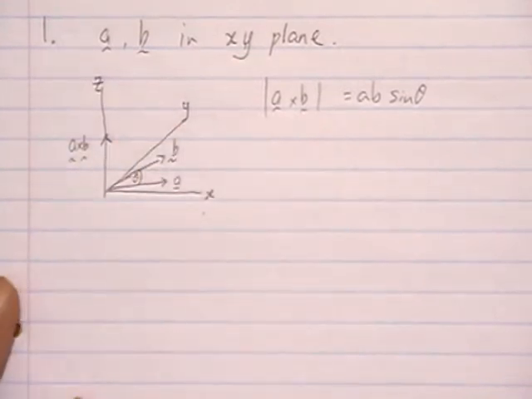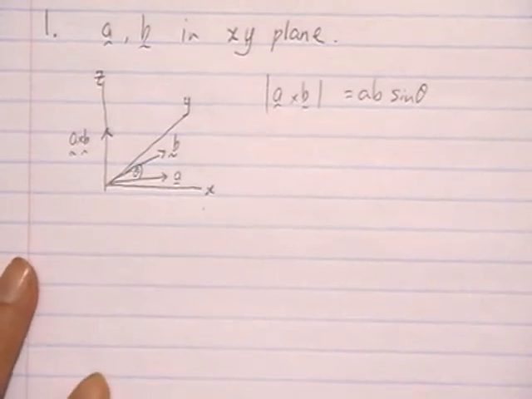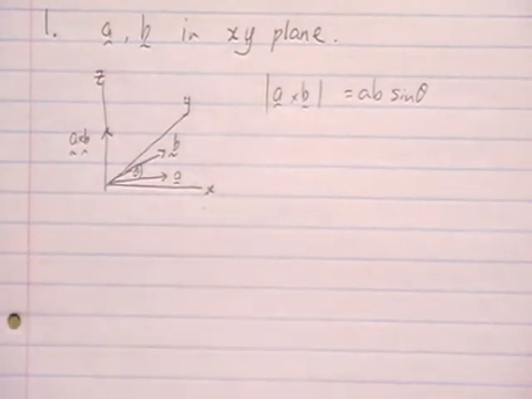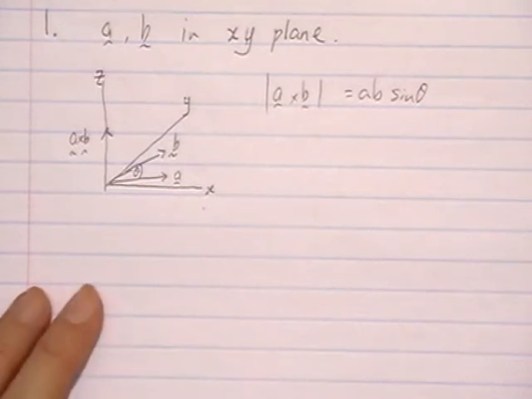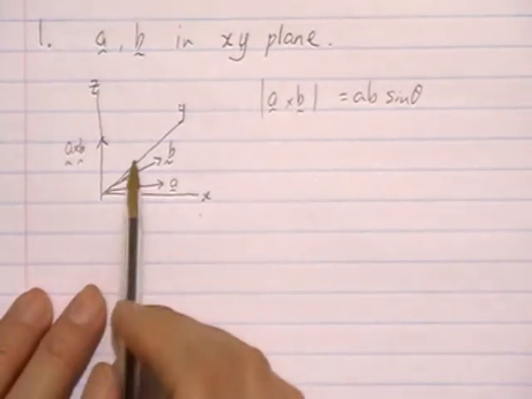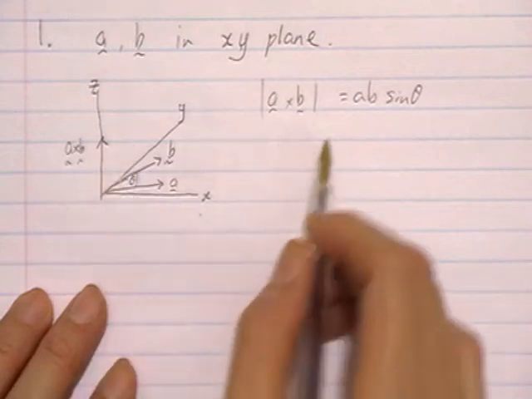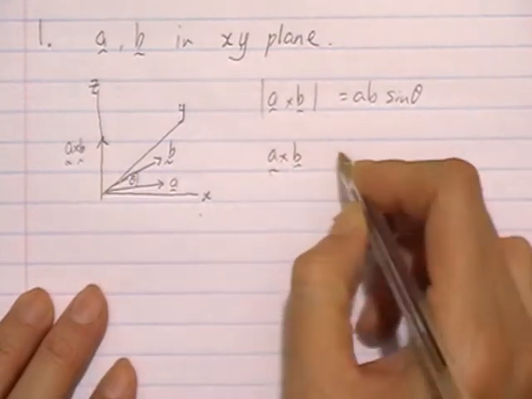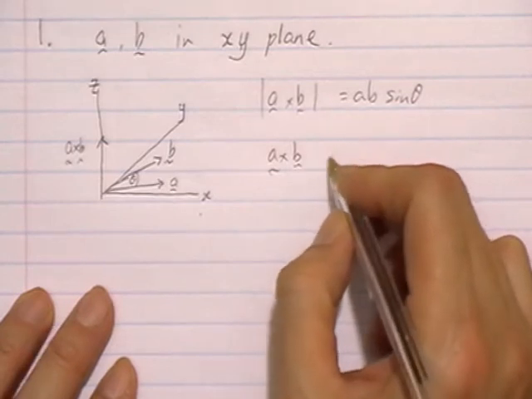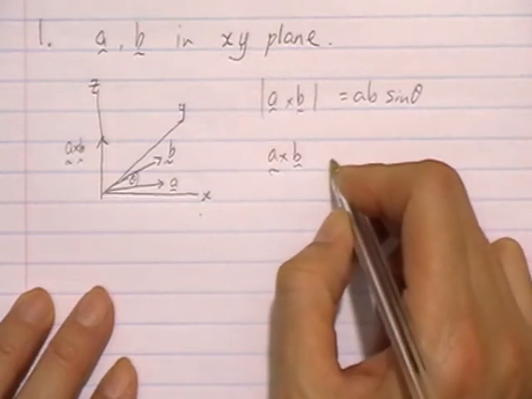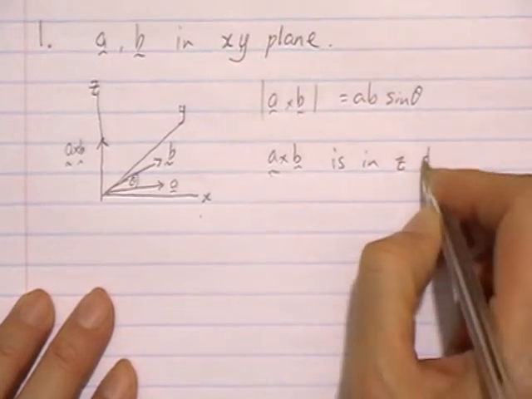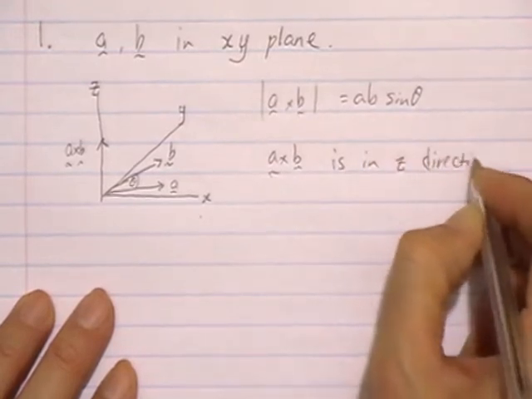Okay, so that's how we can understand the cross products when both A and B are in the xy plane. So we have a good understanding of the direction now. A cross B is in the z direction.